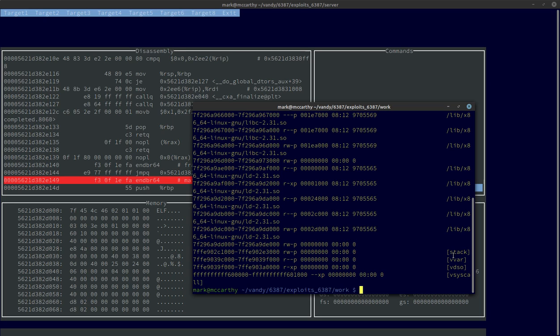And one thing you'll see here is that the permissions on the stack don't have X, which means that the stack is not executable. So again, the exploit that I did on target 6, I can't do on target 8 because you're not allowed to execute code on the stack.